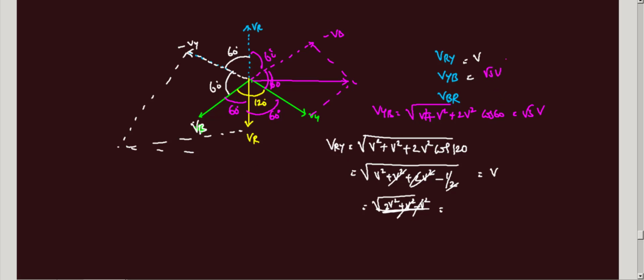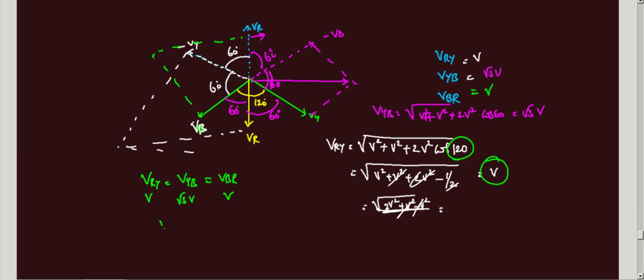What is VBR? VB minus VR, so minus VR means this blue color gives the minus VR. VB minus VR is the resultant; this is 60, this is 60, so 120 degrees, and for 120 degrees you get V. So this is V, this is V, and VYB is root 3V.